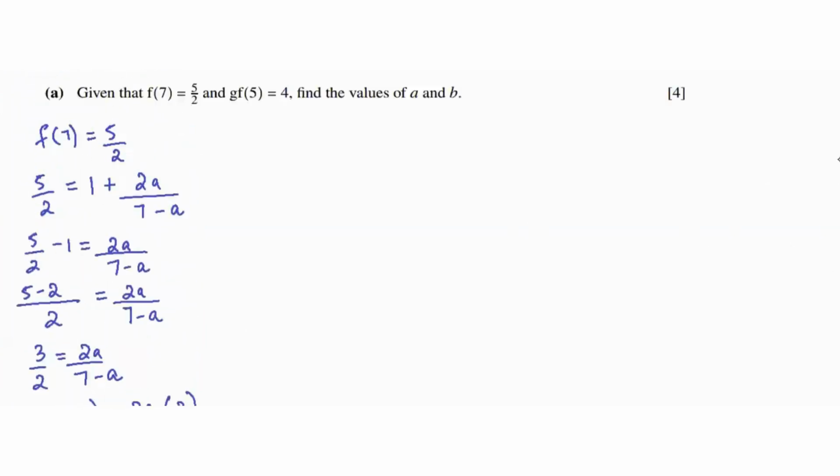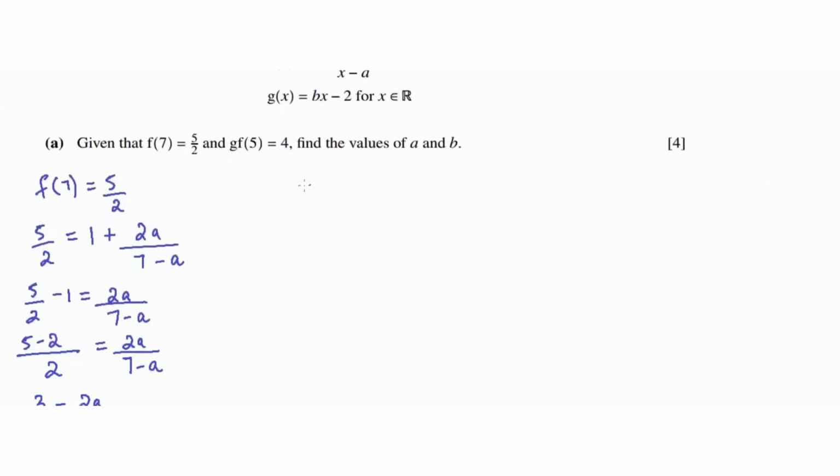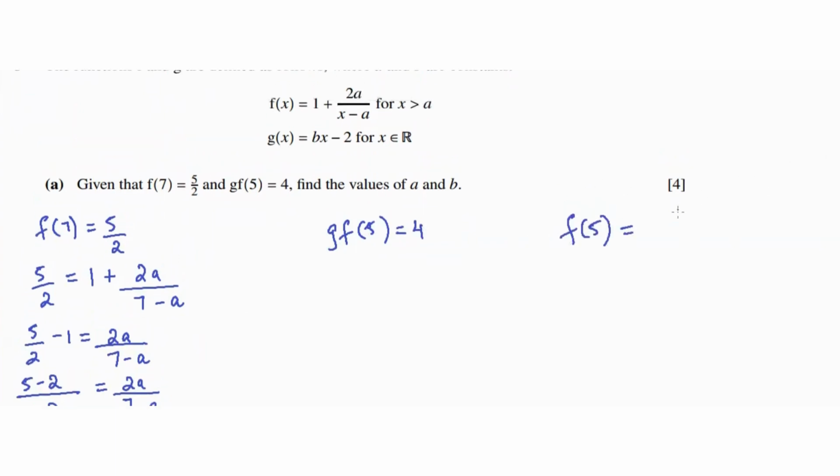Now we're going to go back to the second equation, g of f of 5 equals 4. So let's first find f of 5. f of 5 would be 1 plus 2a over 5 minus a. Since we know the value of a, which is 3, I'm going to substitute that over here as well and get a numerical value for this expression.